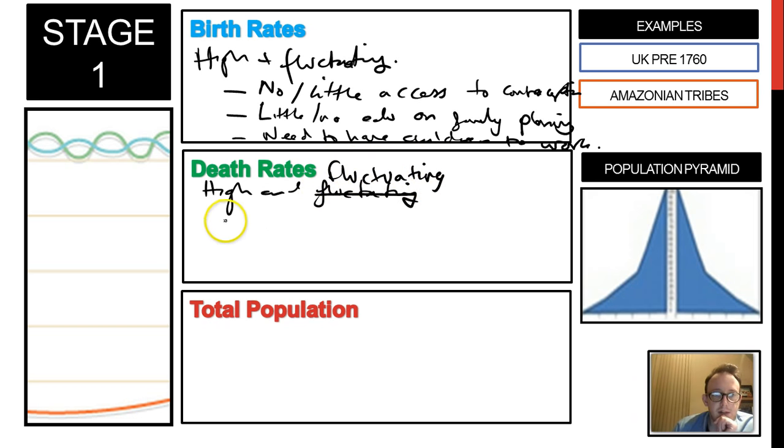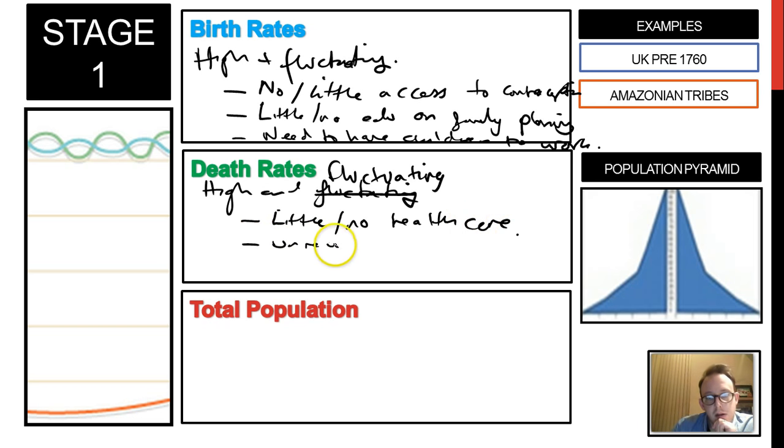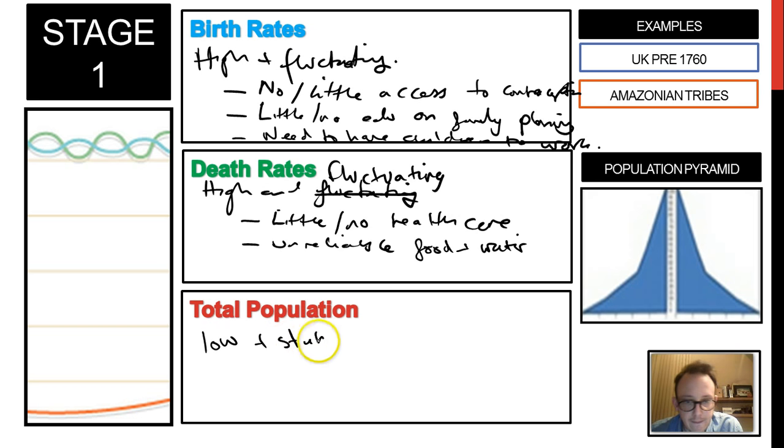And the reason that death rates are high and fluctuating is little or no healthcare, maybe unreliable food and water supplies, things like that. Okay, and the total population is low and stable, and that's because there's little difference between births and deaths.